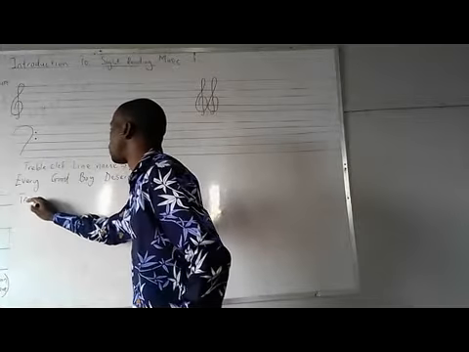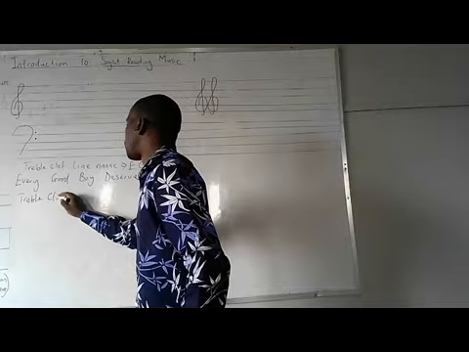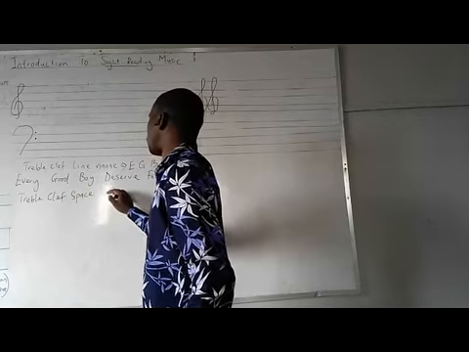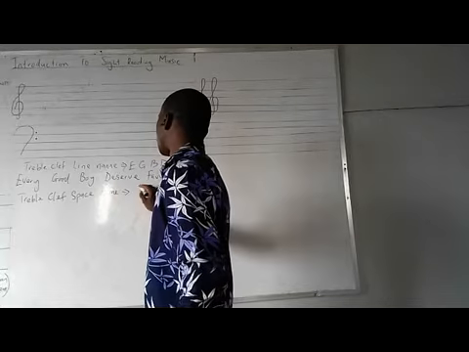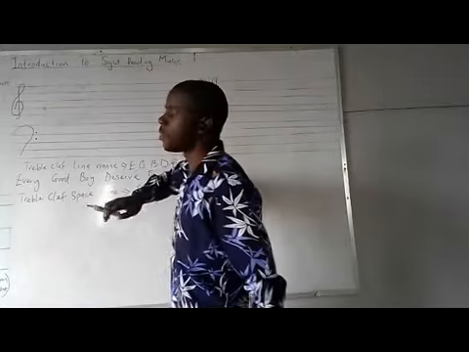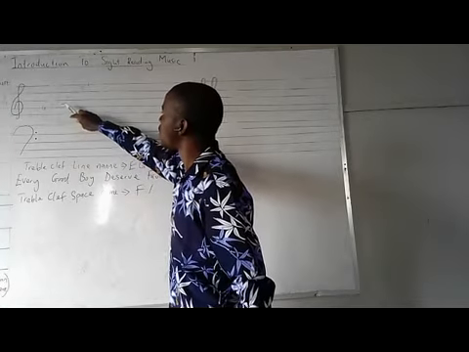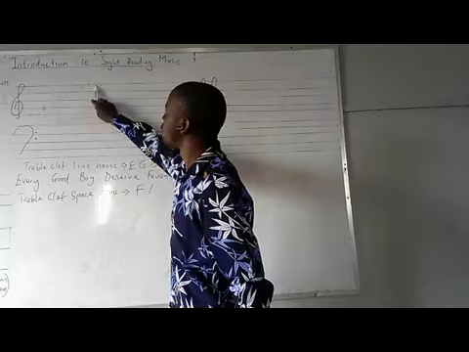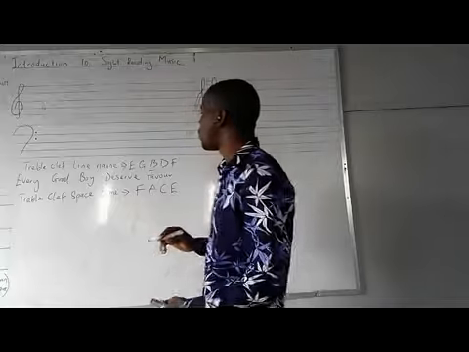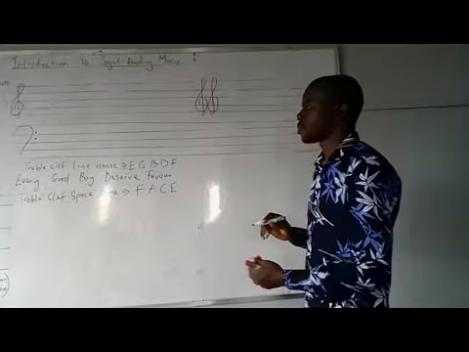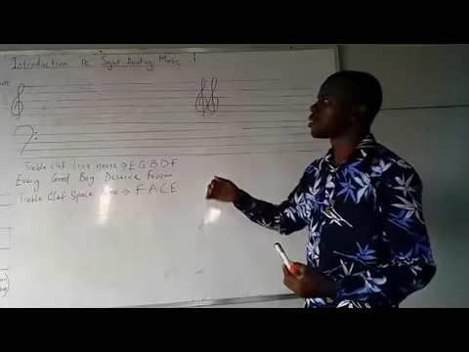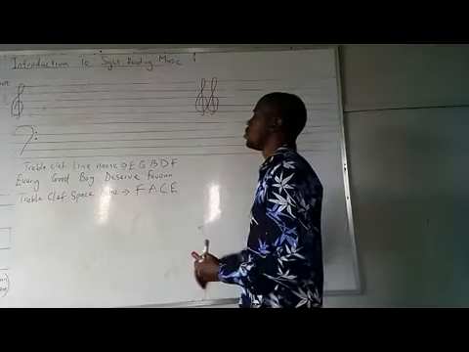Now, treble clef space name. So we start with F. We are checking the space now. F A C E. F A C E. If you remember the word face, that is the name of the spaces of the treble clef.